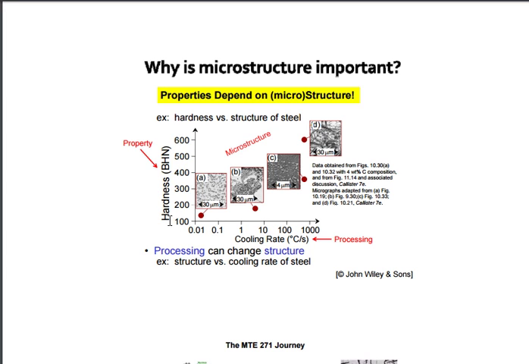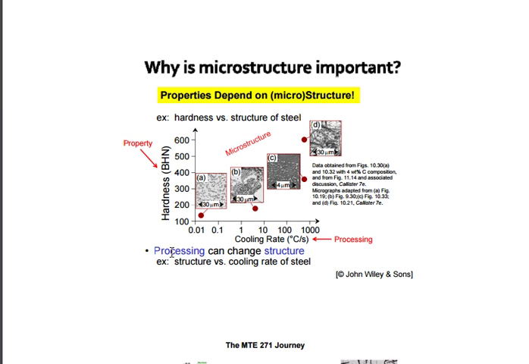What you can see is that the materials processed differently, having different microstructures, have different hardness. So with the microstructure you can actually alter the property of the material.